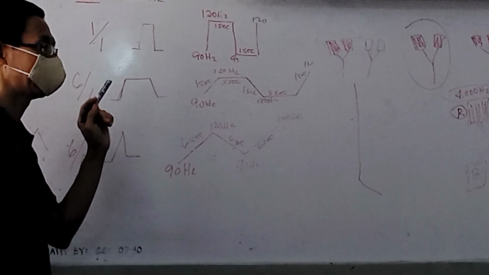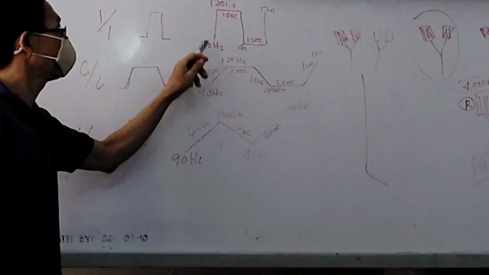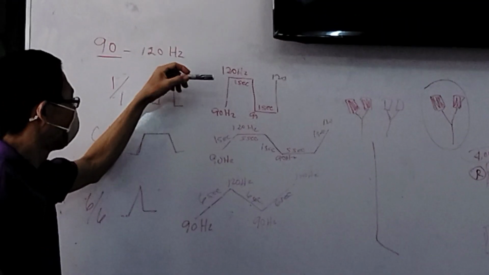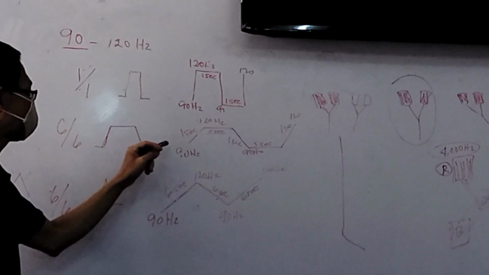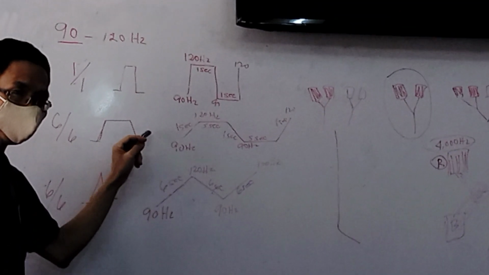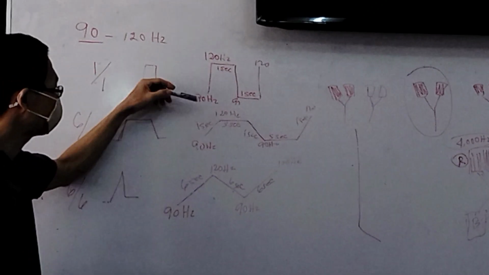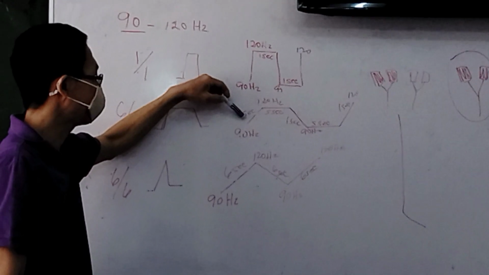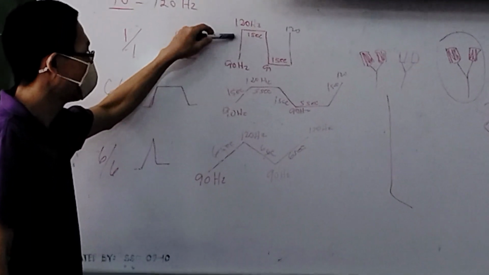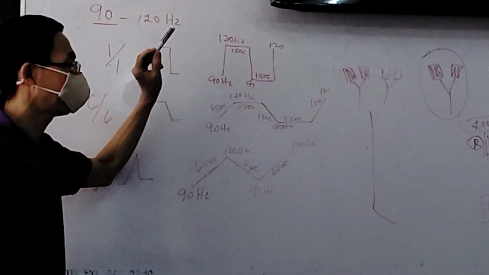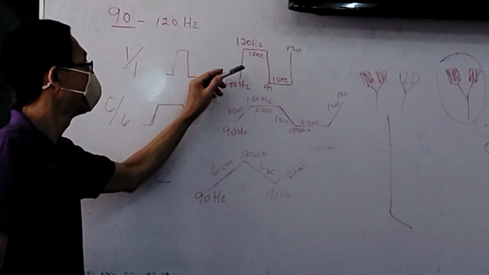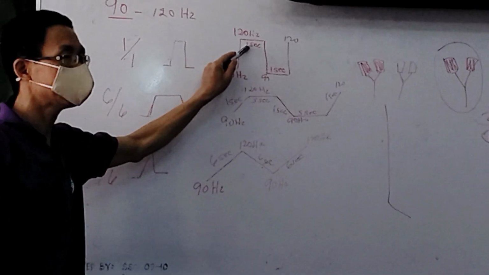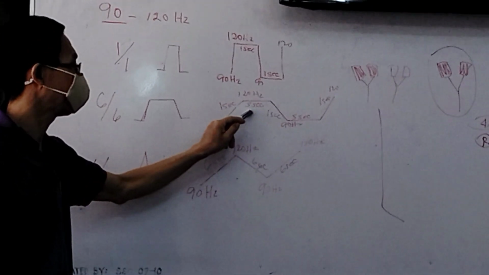So if we compare this with your 1:1 rectangular, your 6/6 trapezoidal is less aggressive. For the reason that the change from 90 to 120 is 1 second. In 1:1 it is abrupt, probably less than 1 second, so more aggressive. And then, when it stays at one frequency, this one is 1 second, this is 5 seconds.